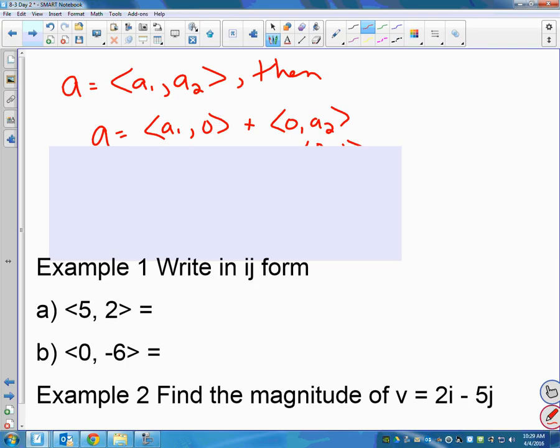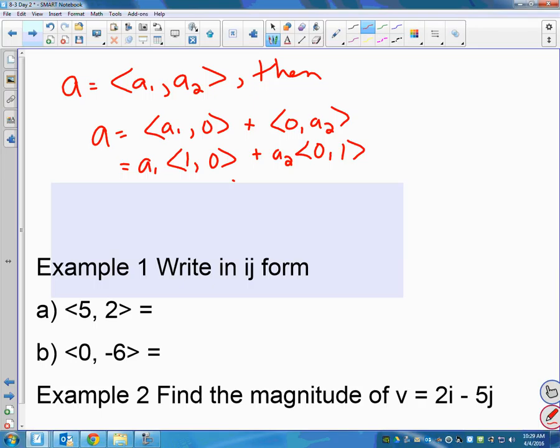So I'm trying to get the I and the J vector in there. Think about if I took the A1 out front here, and again, using what we talked about with the scalar, I just took it out front.